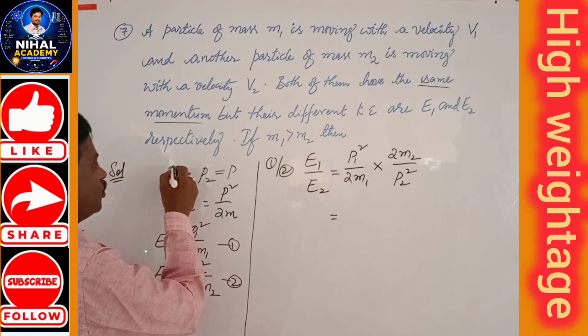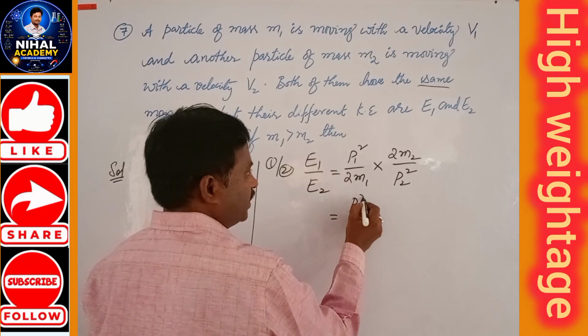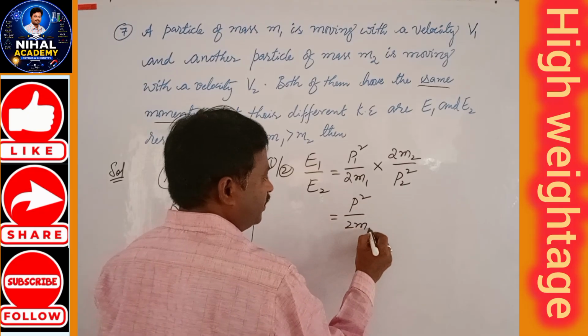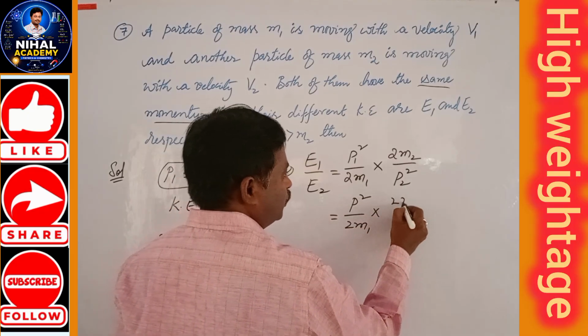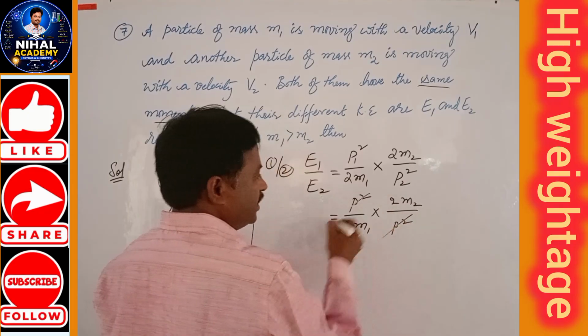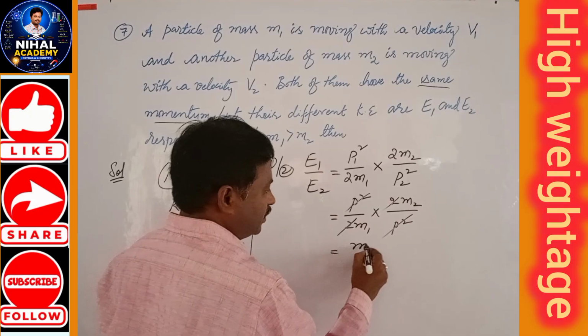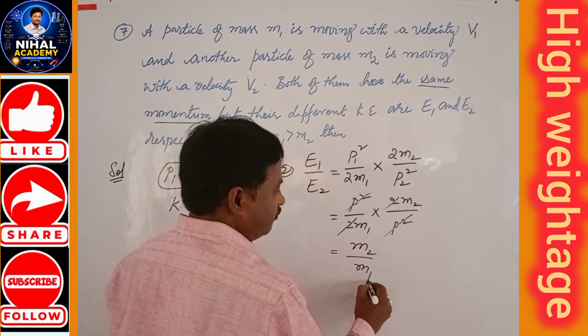P1 is equal to P2 is equal to P, so substitute: P squared by 2m1 into 2m2 by P squared. P squared cancels, 2 cancels. Then it is equal to m2 by m1.